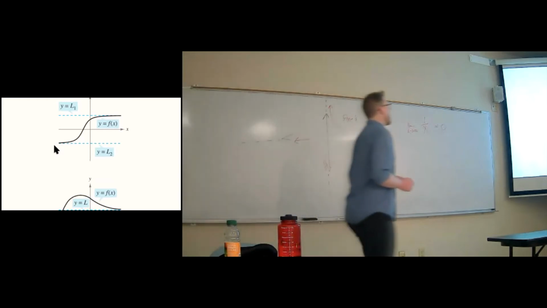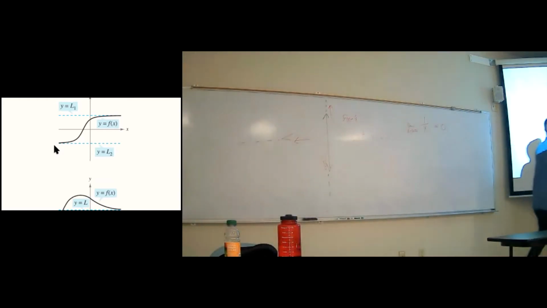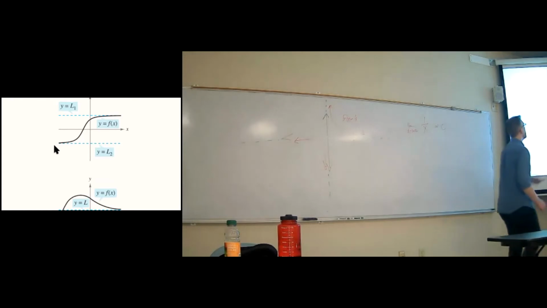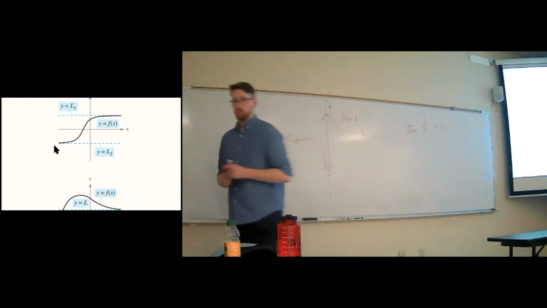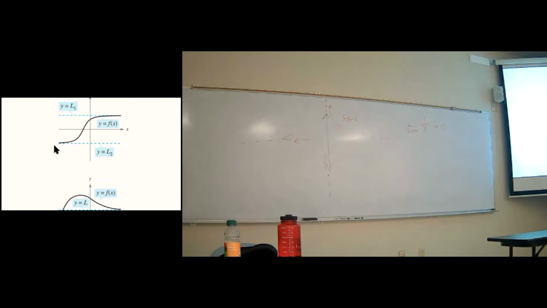Going to negative infinity, this thing might go to negative 1, and going to infinity, it might go to 1. That's what arctan would do. Well, actually it goes to negative pi over 2 and pi over 2. Right? Yeah, negative pi over 2 to pi over 2.